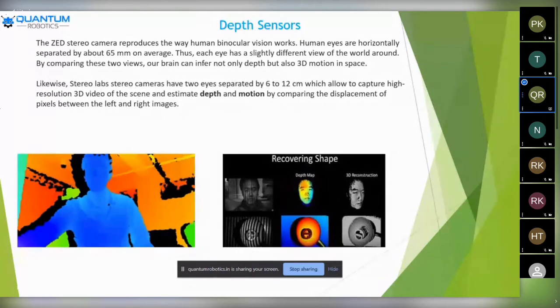But here, the depth sensor, the stereo camera, has two eyes separated by 6 to 12 centimeters, which allows it to capture high-resolution 3D video of the scene and estimate depth and motion by comparing the displacement of pixels between the left and right image.